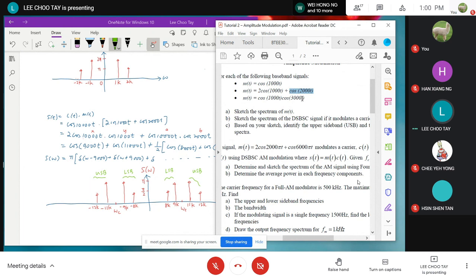Convert cos x cos y into cos(x minus y) plus cos(x plus y). From there you do the transformation, and only then do you sketch. So I leave it for you to do on your own, and next week, if you have any questions, then we go through it again.